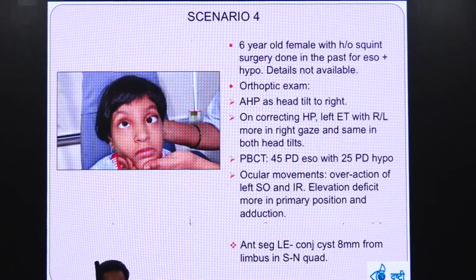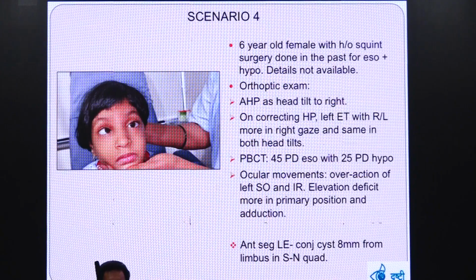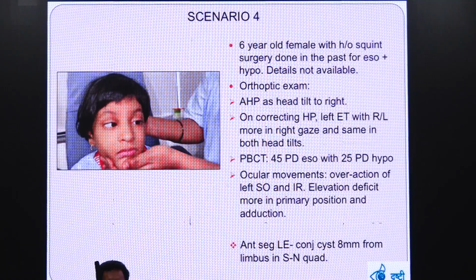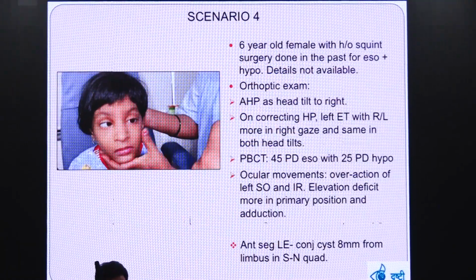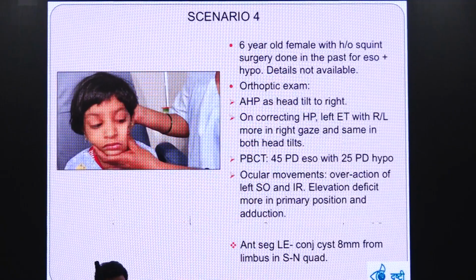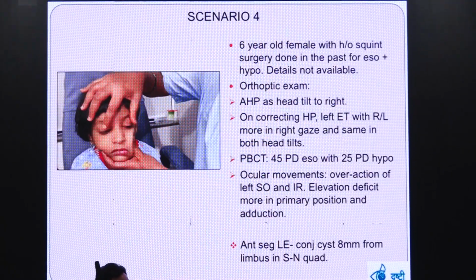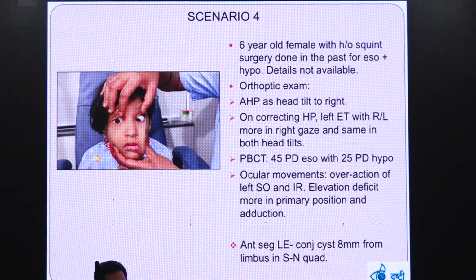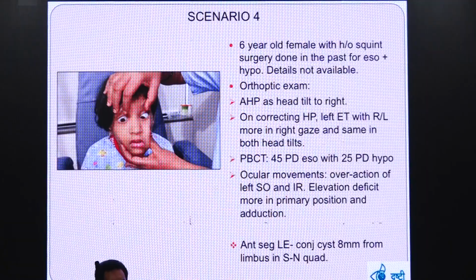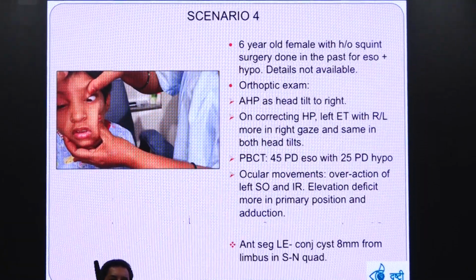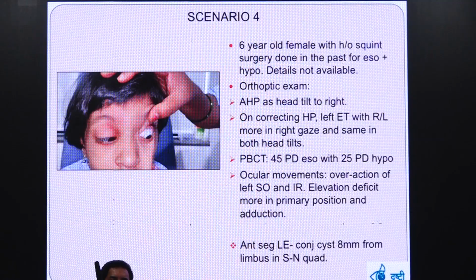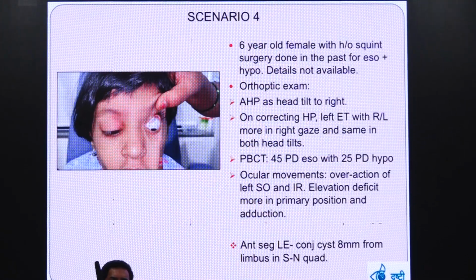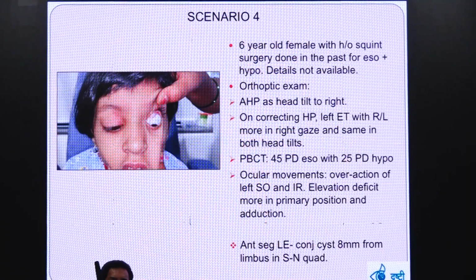Elevation was better in the abducted position, but in adducted position, elevation was significantly restricted. Then there was a huge conjunctival cyst of 8 millimeters in the region of superior rectus. Rest of the ocular movements were okay. So there was this large conjunctival cyst in the region of superior rectus.